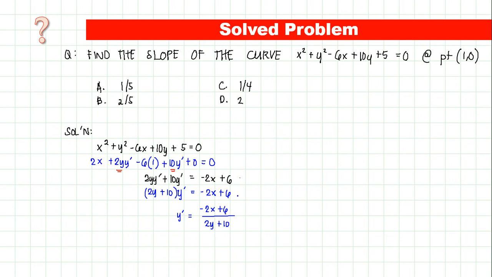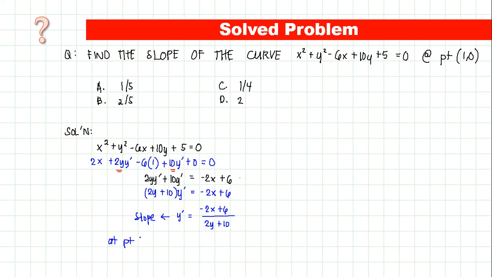Okay? And yeah, nakuha na natin yung slope, no? Y prime. Yan yung ating slope of the curve.